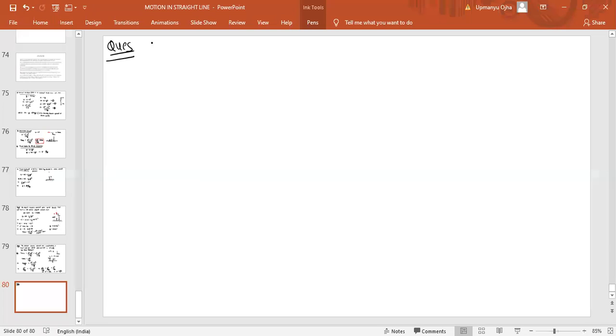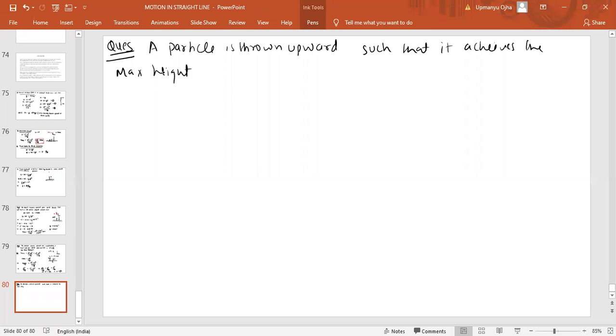A particle is thrown upward such that it achieves the maximum height. Find out the h.